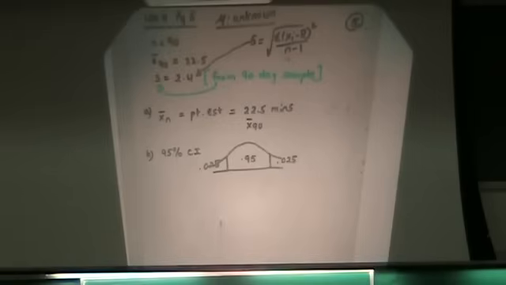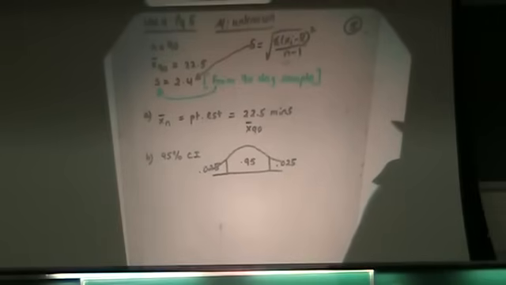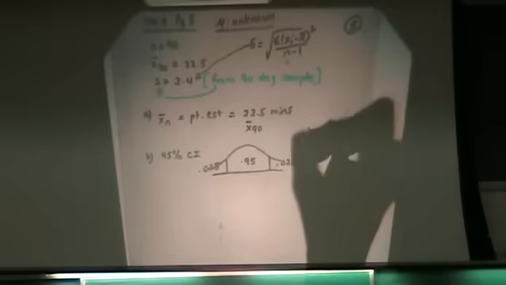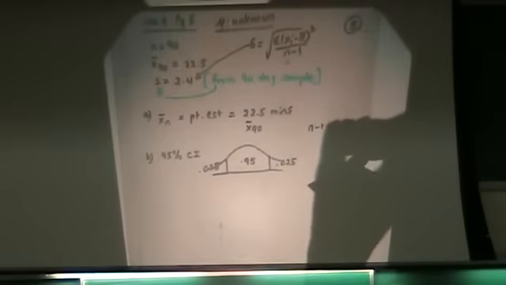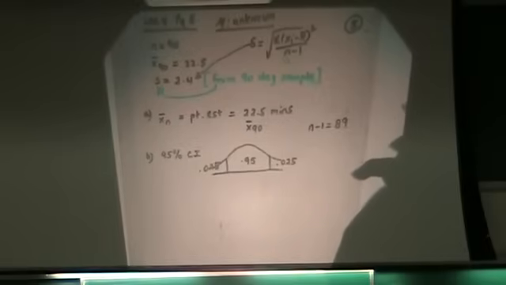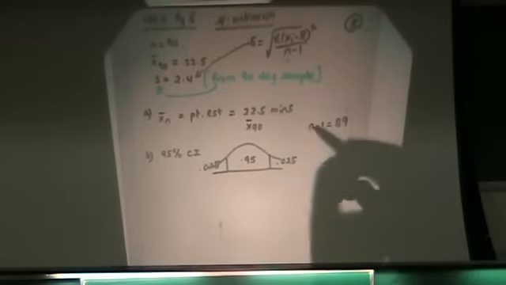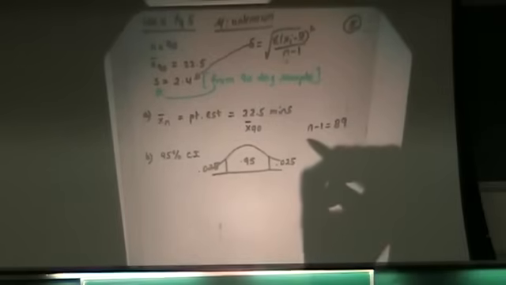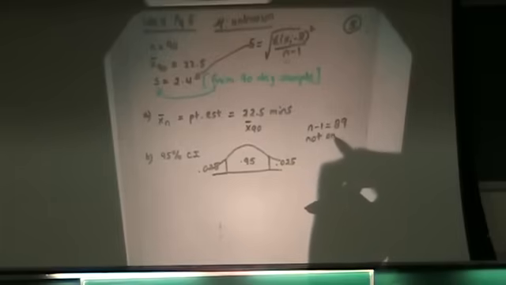Let's go to our T table and look up 89 degrees of freedom. It's not going to be there, is it? N minus 1 is 89, right? It's not there. What is there? Do you have a 60? Is that the next lower one? Okay, so N minus 1 equals 89 is not on the table.